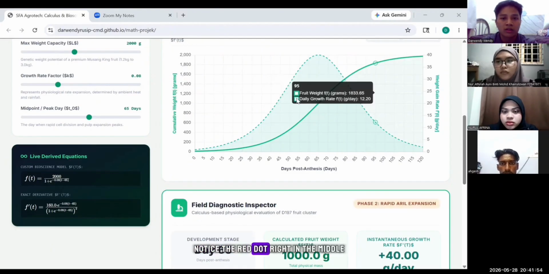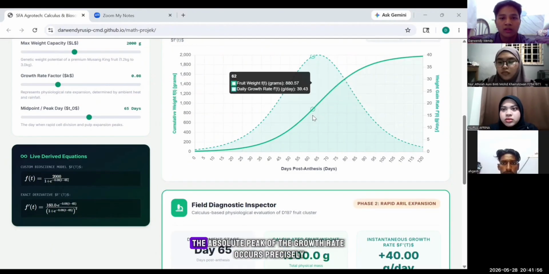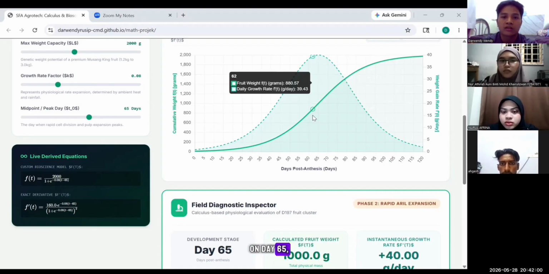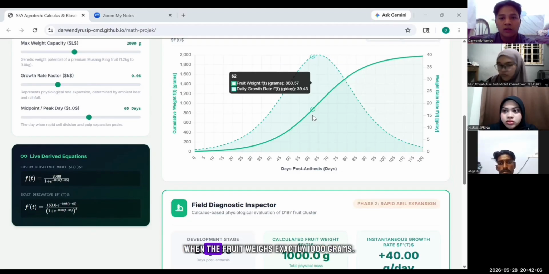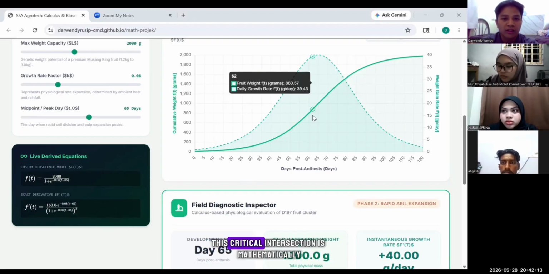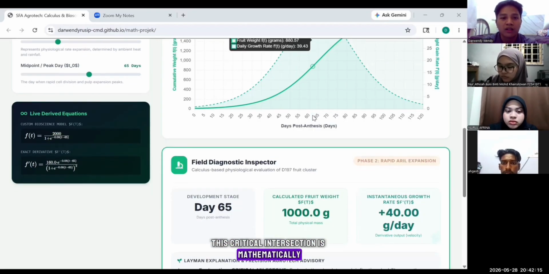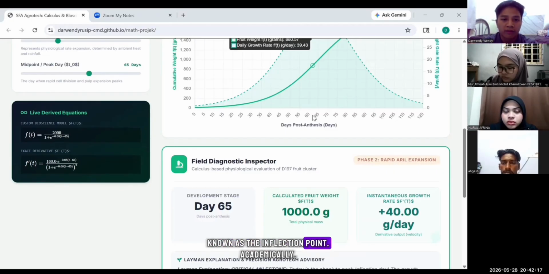Notice the red dot right in the middle. The absolute peak of the growth rate occurs precisely on day 65, accelerating at a speed of plus 40 grams per day when the fruit weight is exactly 1000 grams. This critical point of mathematical growth is known as the inflection point.